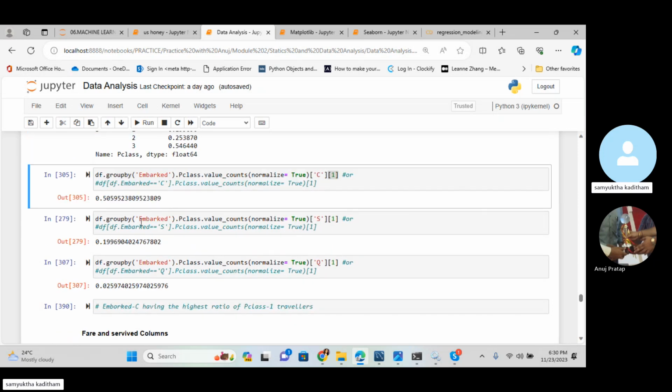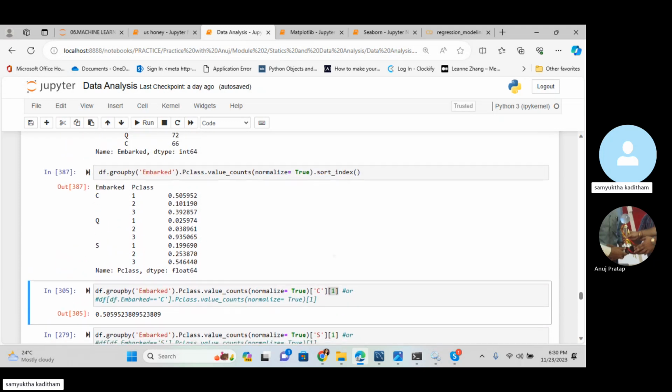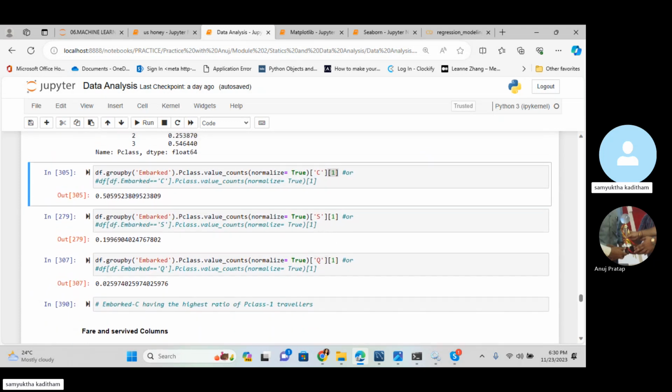Then for embarked S, first class people are 19.96%. In embarked Q, first class people are only 2.5%. So embarked C has more members with first class people.